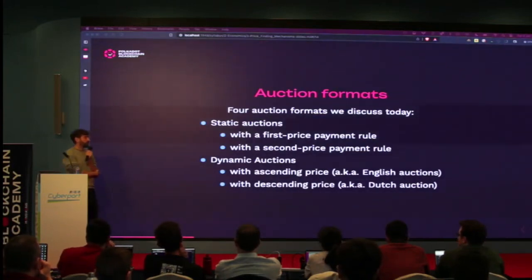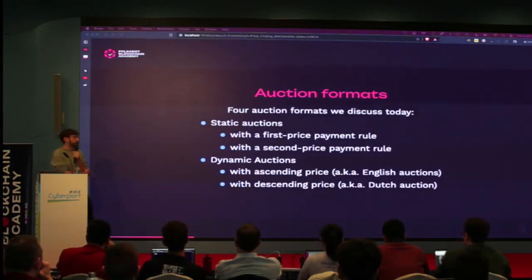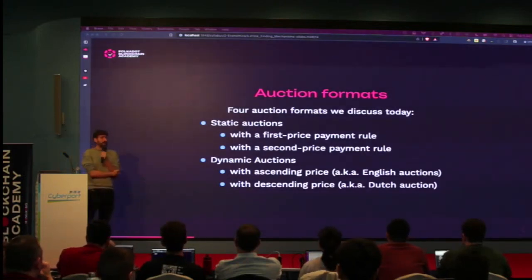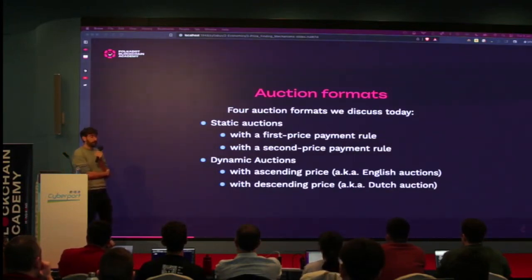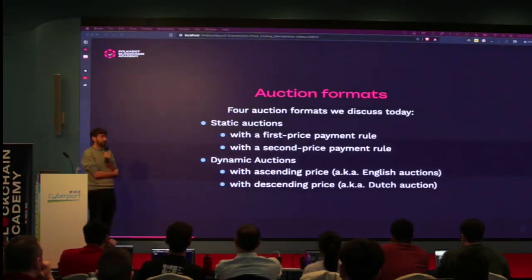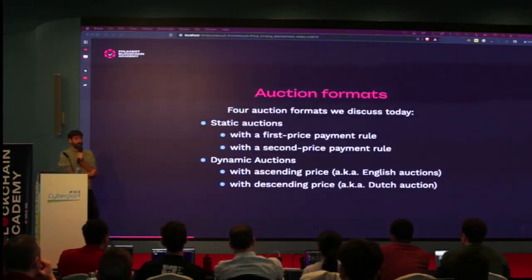So the first price payment rule is quite easy. It sounds more fancy than it is. Basically, you pay what you bid, right? If you bid 10 for something, then you will also pay 10. The second price payment rule is the least intuitive in a way. You actually pay the second highest bid.